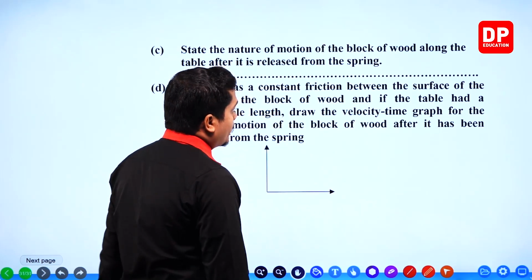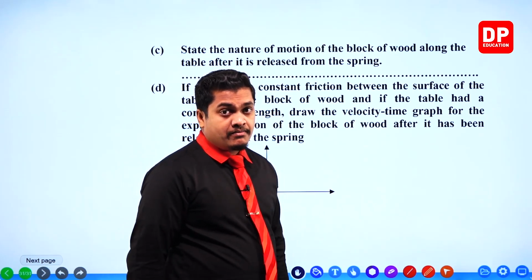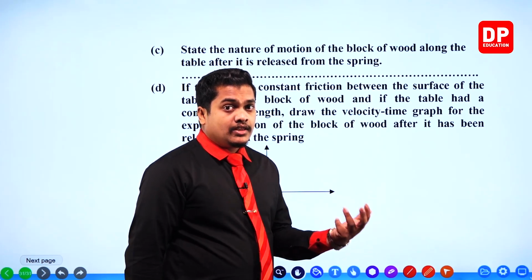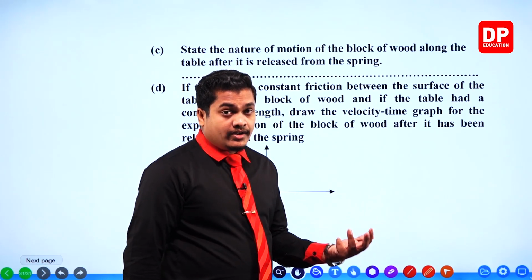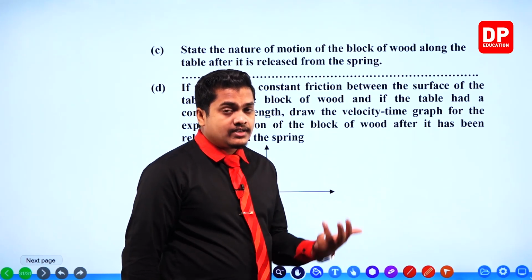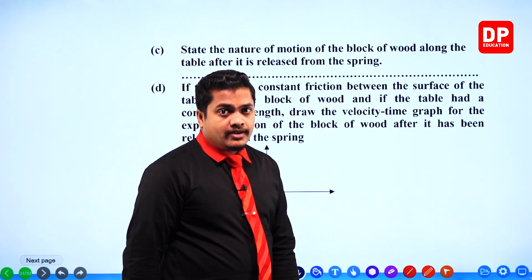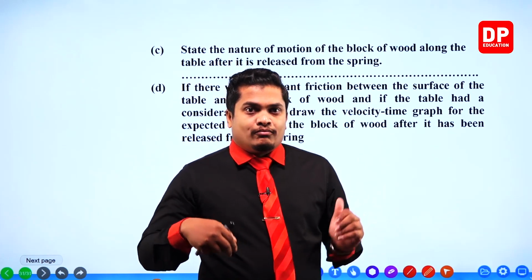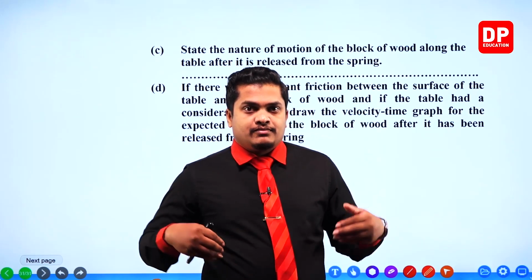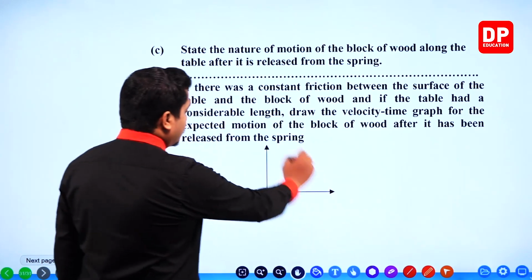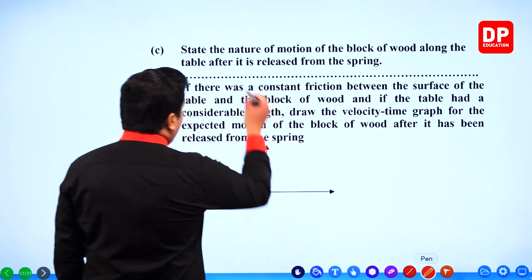According to Newton's first law, can you remember? Until an unbalanced force is applied on an object, the object is moving in constant velocity in a straight path, or else it is in a stationary position. Now because of the application of the force, the object would tend to move, and this movement is in uniform velocity. So our answer should be uniform velocity.